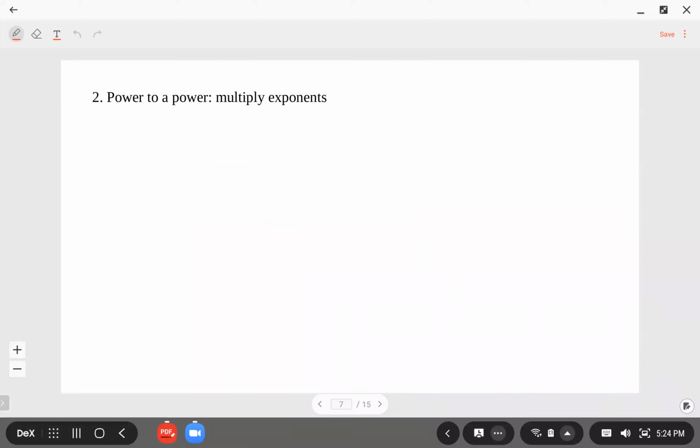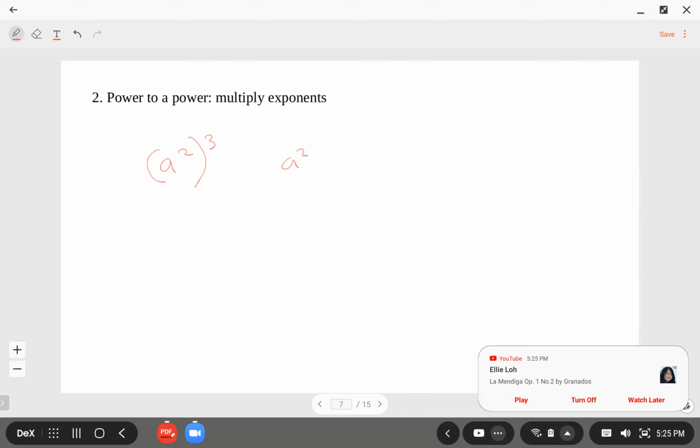Next property we have is power to a power. Let me just demonstrate. We have a squared in parentheses, and then cubed. A squared is just a squared; you can't simplify it.